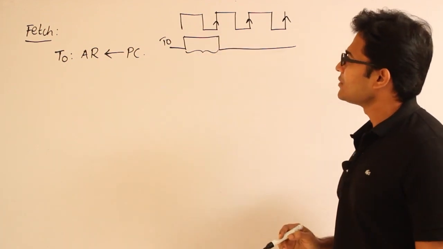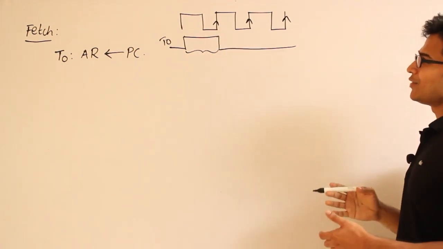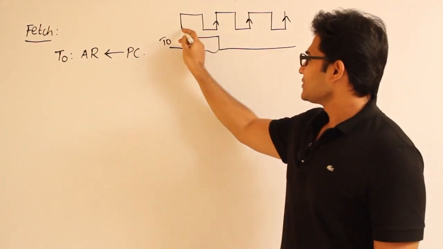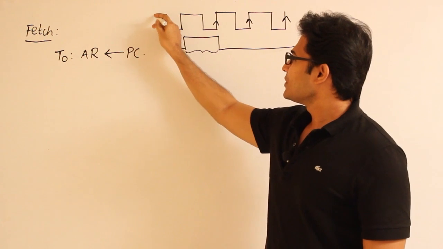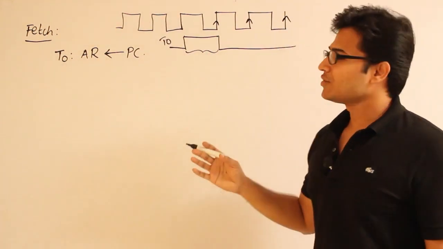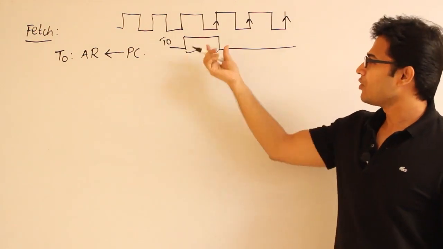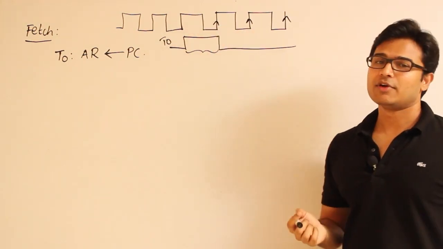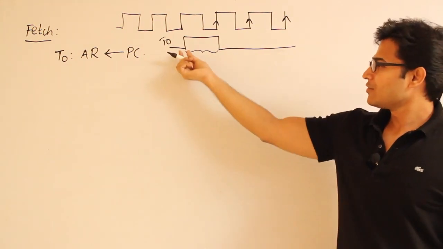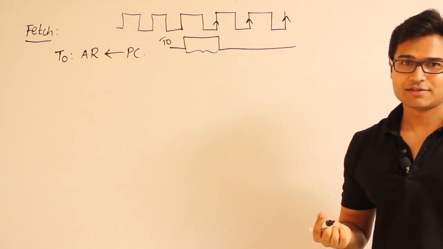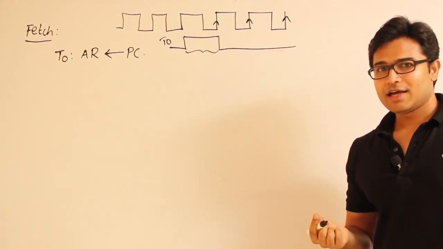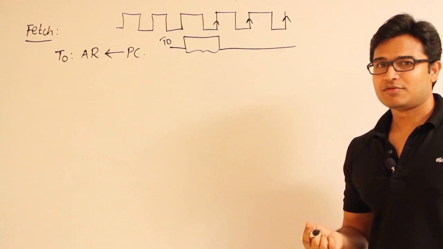How can I say that it is the first clock cycle? It need not be the first clock cycle, but we are assuming that it is, because before this there must be many clock cycles which are already over. When we started this program, we are counting from here. Wherever you start counting from, that is what we call T0. Even with time and days, we count from some point as a reference.